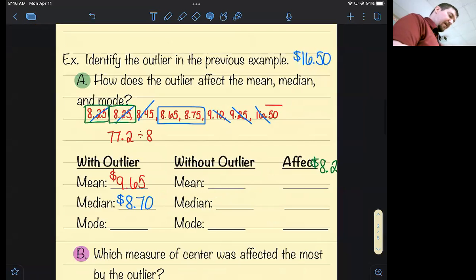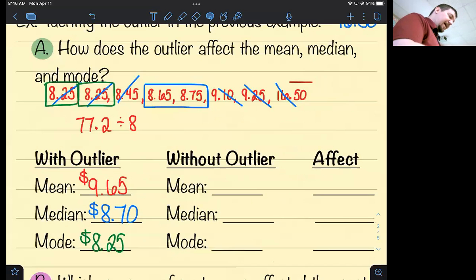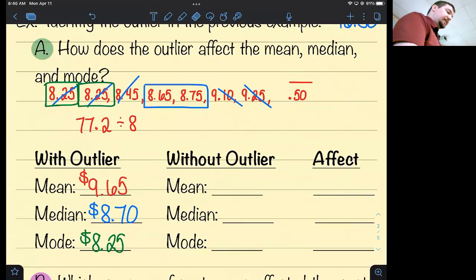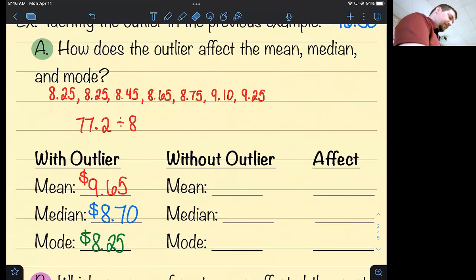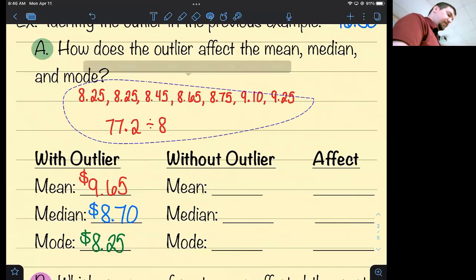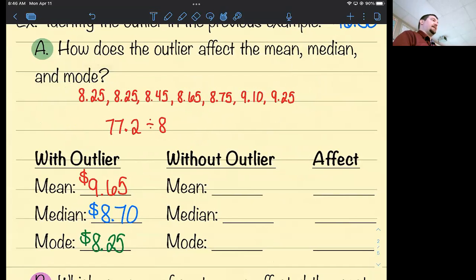And the mode, which is now off my screen, there it is, $8.25. Now we're simply just going to erase the 1650 like it was never there, and recalculate. I'll give you guys a second to tidy that up a little bit. I just copied and pasted everything we'd written already.